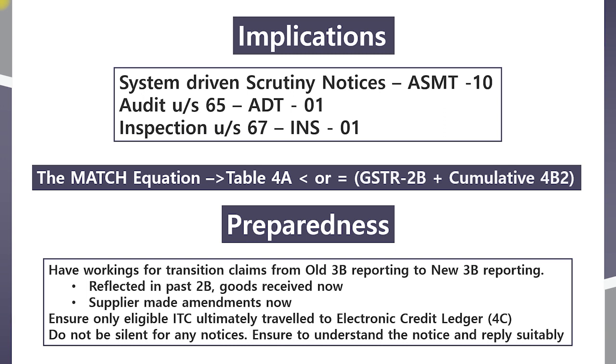We also have the system generated 3B for comparison. The case could be picked up under audit. Under section 65, ADT 1 might be issued in case they find it's a fit case and there are huge differences in the reporting style. Also inspection could be taken up.